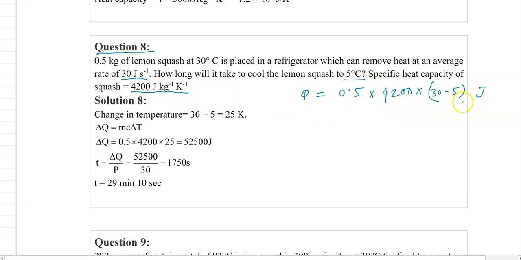This amount of heat must be removed from the lemon squash, and the refrigerator can remove heat at 30 joule per second. That means the time required will be Q by P, which is 1750 seconds, that is 29 minutes 10 seconds.